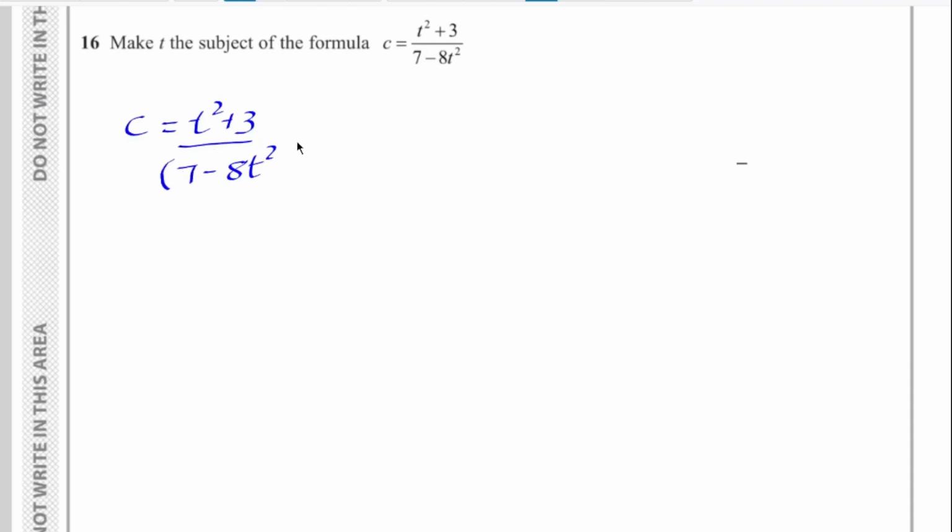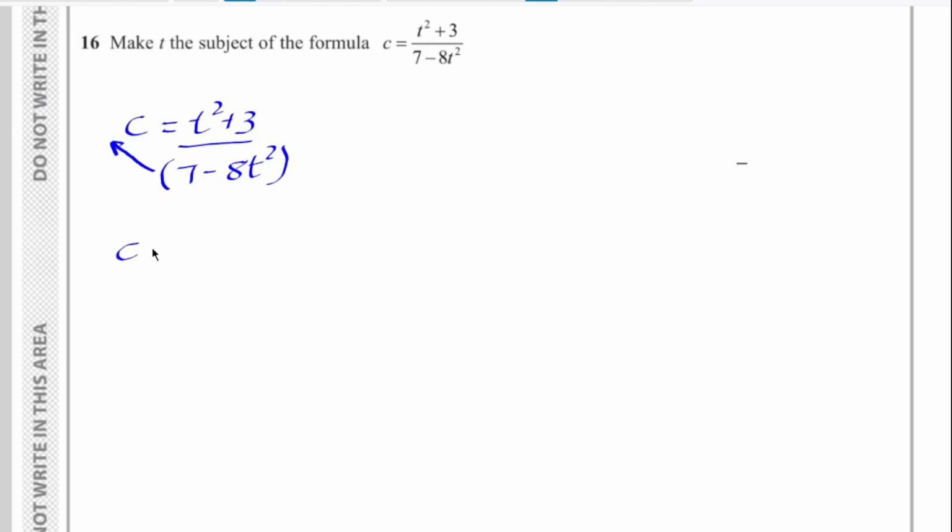Remember, when we are cross-multiplying, if you are having an expression, you need to apply brackets and bring this one to this side. So when you are taking a division to the other side of the equation, division should be converted into multiplication. This is a division. It is t squared plus 3 over 7 minus 8t squared. Therefore, this is considered as division. You are sending it to the other side. Then it will be a multiplication.